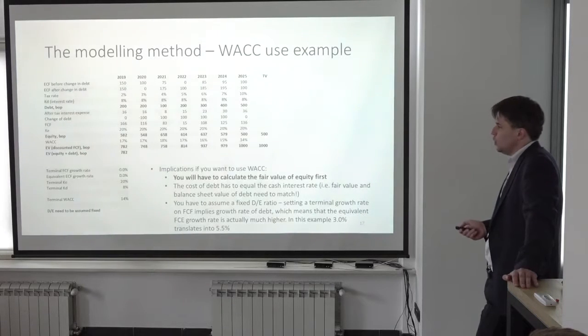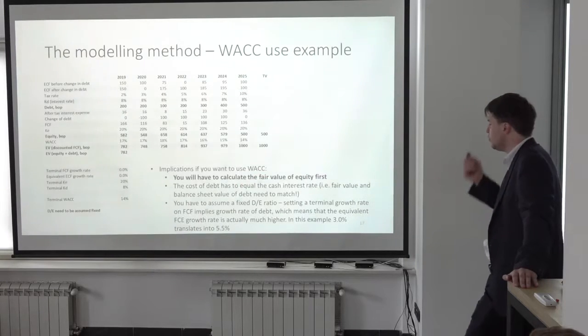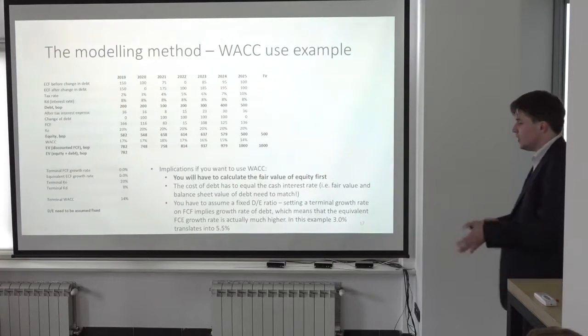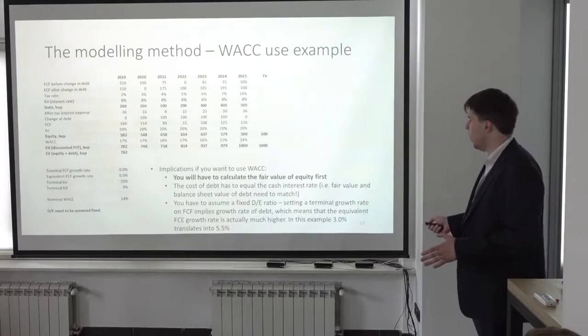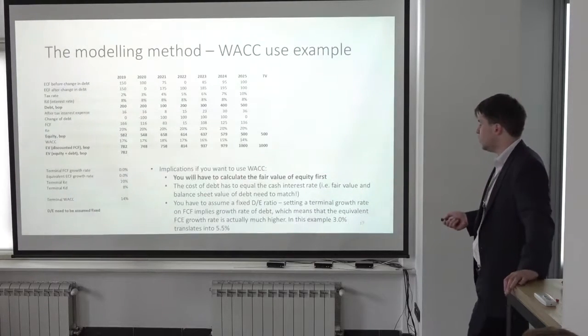You would not do that. Just go ahead and calculate the equity value, right? Just discount your free cash flow to equity at the equity discount rate, and you're done. Forget about the rest. Why? It's more correct, and you need to do this. If you just want to draw a conclusion, just don't use the WACC. Use the free cash flow to equity, and that's it, and you're going to get the result.